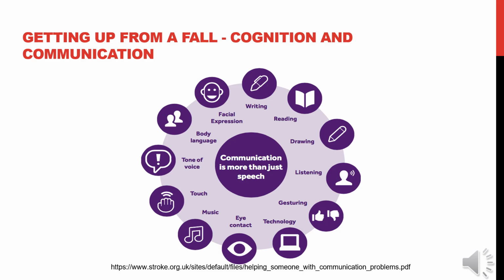Ask yourself, is this client at their baseline? ABI clients may have varied baselines in terms of cognition and communication abilities. This slide illustrates the various means of communication in addition to verbal. Prior to assisting your client with getting up, ensure that they are able to adequately understand the direction you are providing.